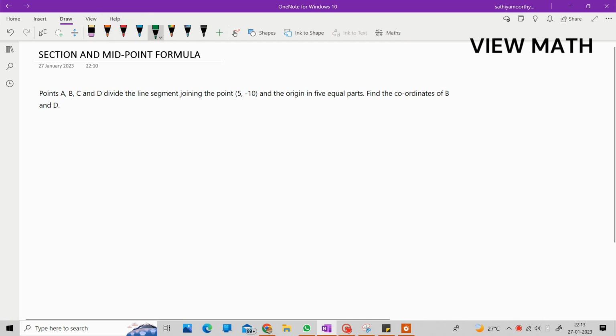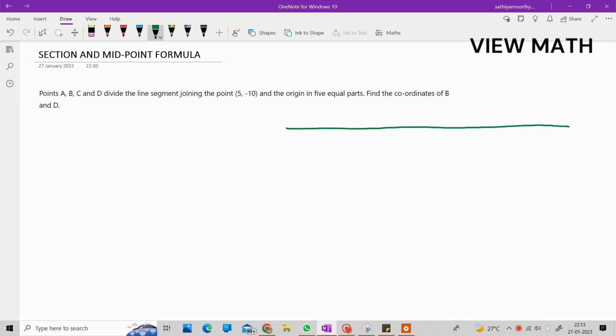Points A, B, C and D divide the line segment joining the point 5, minus 10 and the origin in 5 equal parts. Find the coordinates of B and D. So what they are saying is, there is a line segment. Now let me draw the line segment.